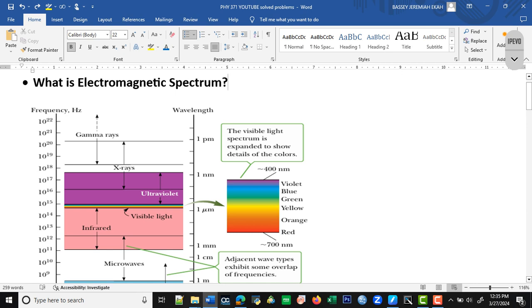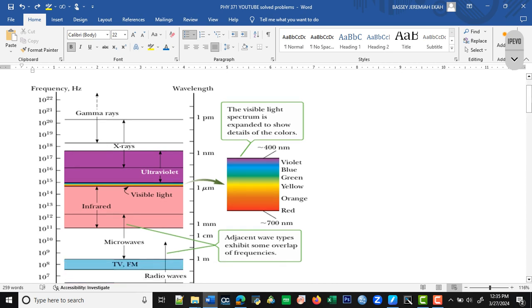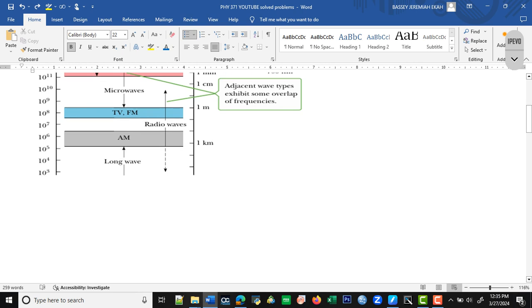And immediately after the visible light is the ultraviolet ray from the sun, and then we have the X-ray and the gamma ray. So this is simply the order of arrangement of electromagnetic waves according to their wavelength and frequencies.